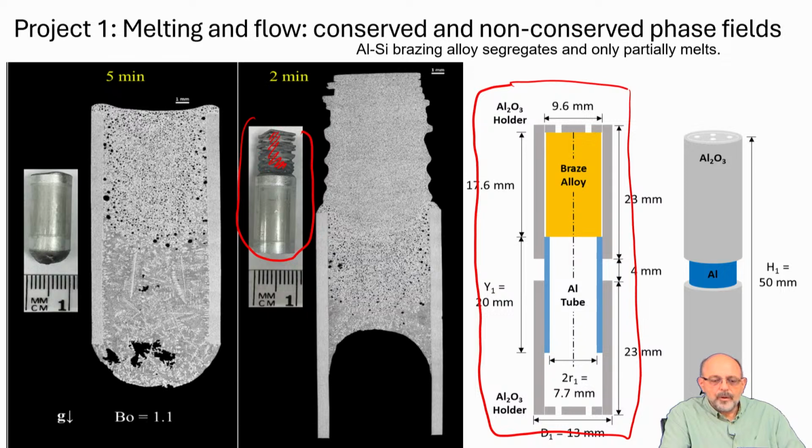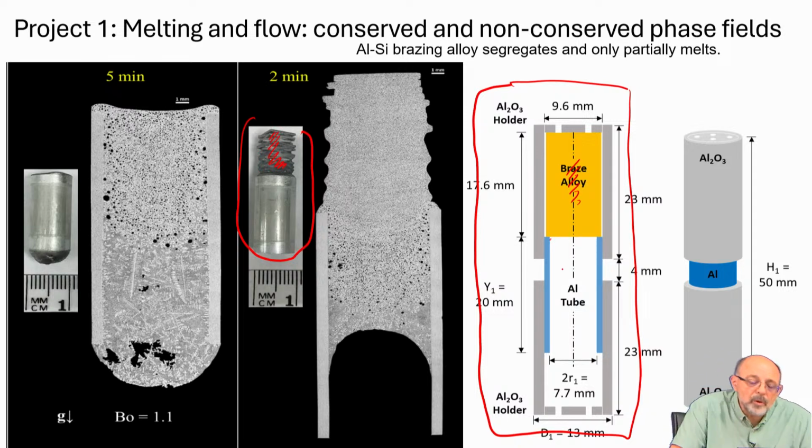I think the correct word is crucible, right? So, an alumina crucible. This is a vertical section. There is a tube of aluminum, and there is a brazing alloy here.